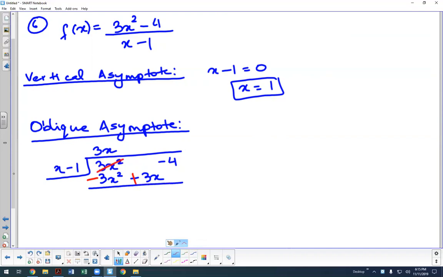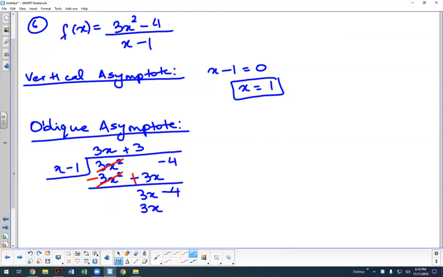Okay, so positive 3x squared, negative 3x squared will cancel each other out, leaving us behind with positive 3x from here and bring down our negative 4. Okay, so now I have a 3x as my term and only an x here. So what should I multiply it with? Yeah, multiply it with positive 3. So that will give us 3 times x, which is 3x.